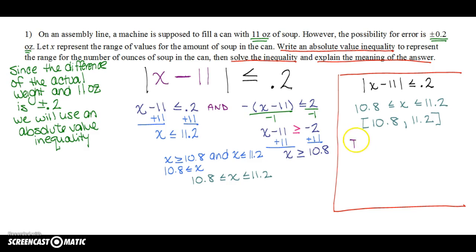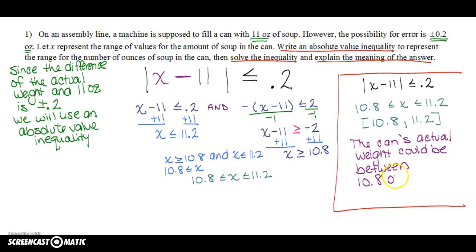Well, it means the can's actual weight could be between 10.8 ounces and 11.2 ounces.